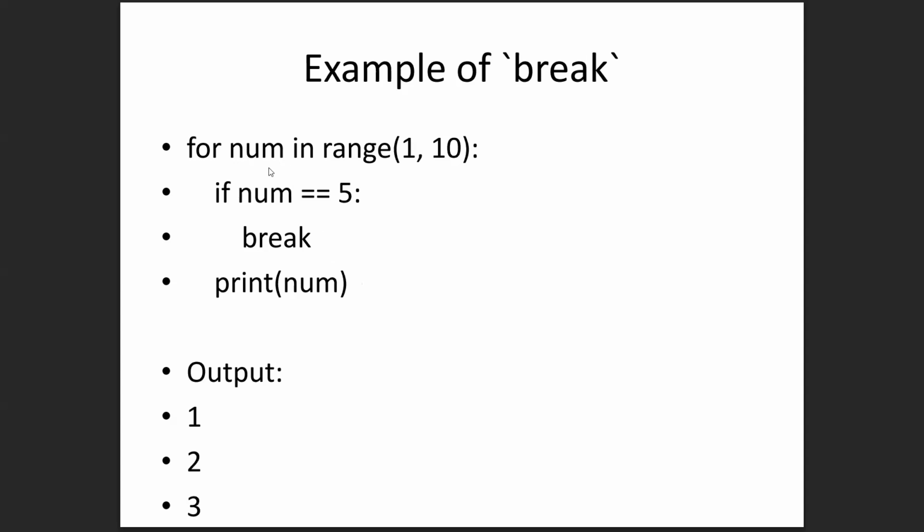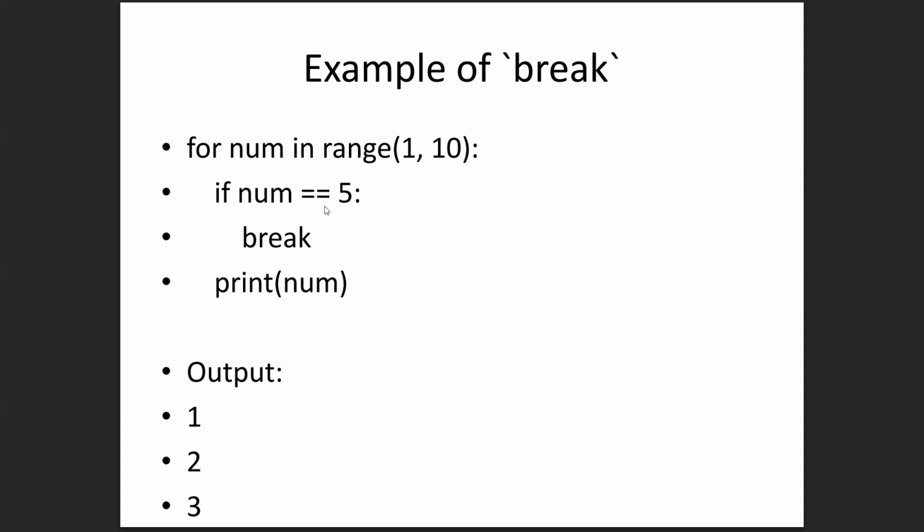So let us see some examples here. For num in range of 1 to 10, from 1 to 10 we are checking the condition. If num equals 5, break. Whenever you see num equal to 5, it will break the iteration over there only, and it will not print that value.